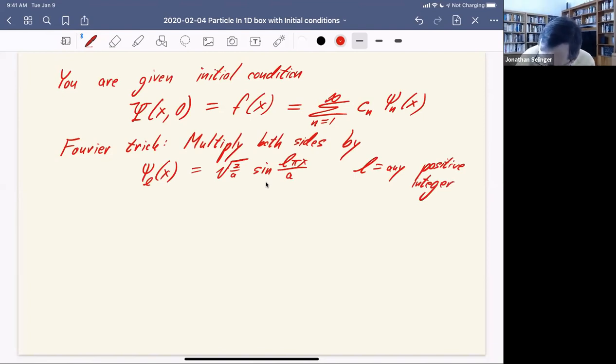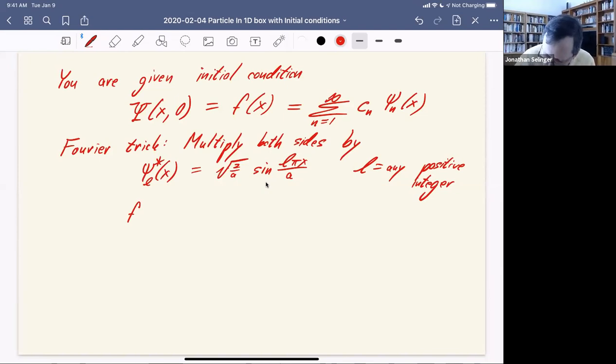In fact, this psi L is a real number, so I'm going to call this psi L conjugate. You might say, it's a real number, why bother to make it a conjugate? Well, that's going to be useful for analogies in the future. For now, that star doesn't matter at all, but at some point it'll matter.